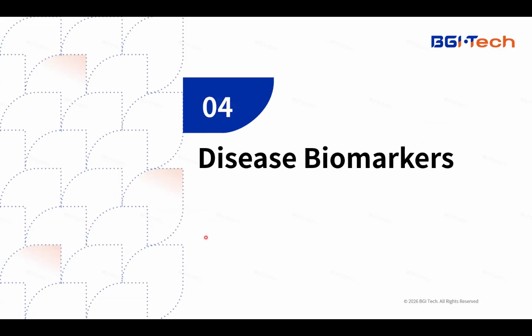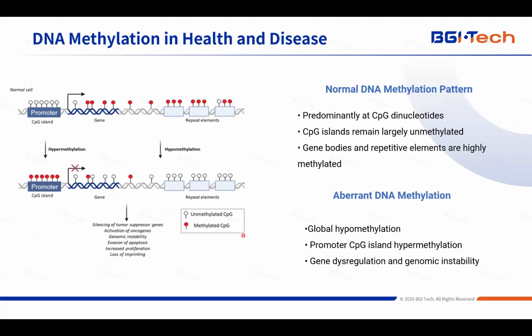In the next part, we will show that methylation signals can also be used for early screening and diagnosis in other diseases. First, we can compare the DNA methylation patterns in normal and aberrant cells.